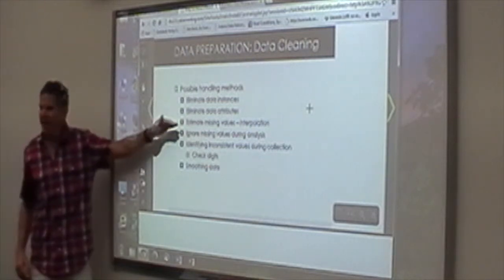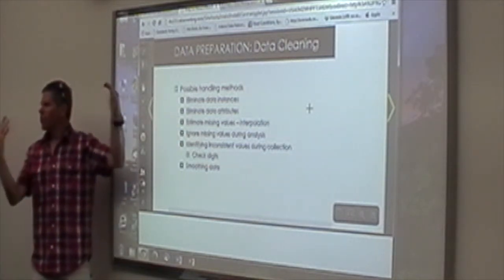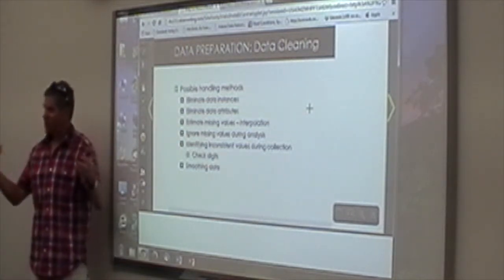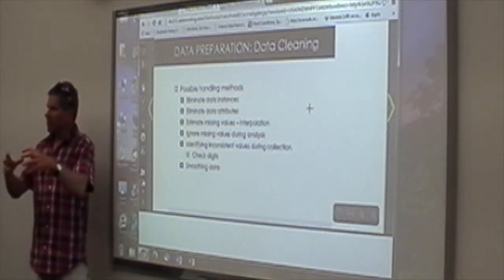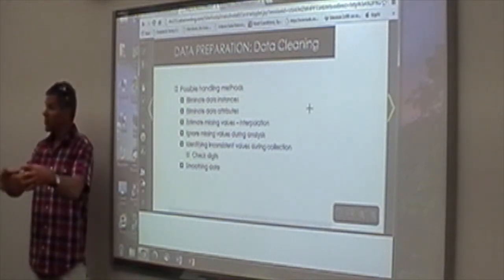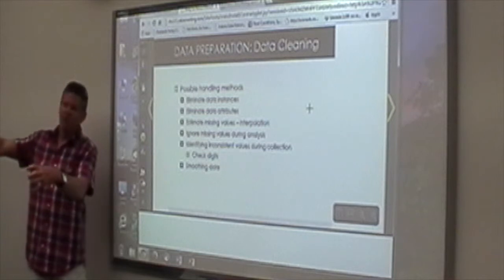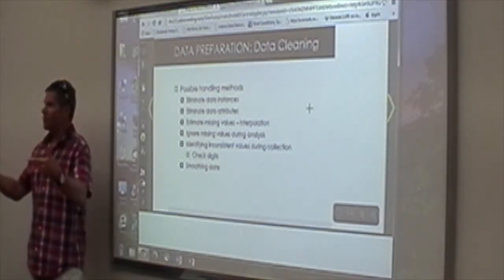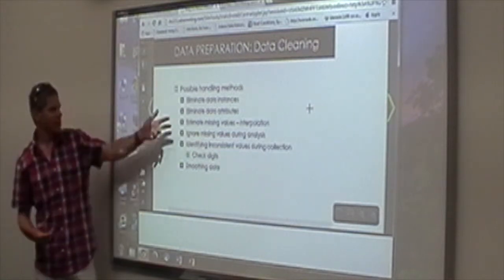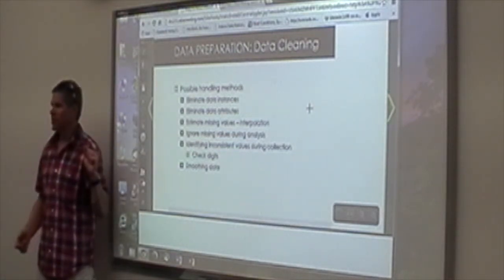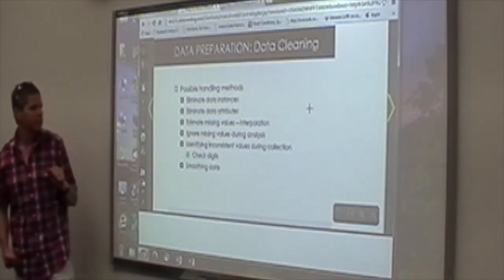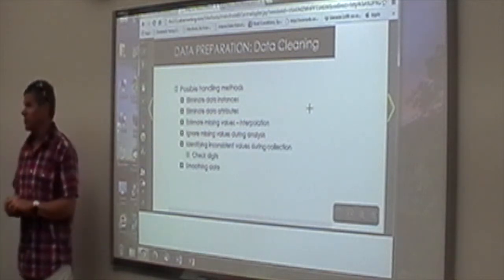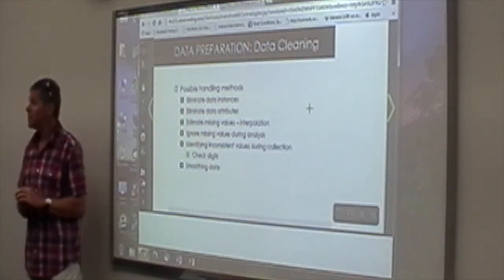Another option is interpolation from nearby points. If you have sensors, maybe you're missing a rainfall amount at a particular sensor, but you've got 4 other sensors that are fairly close by, so you'll just average those 4 and use that as your missing data point. You can also ignore the missing values and see what happens.